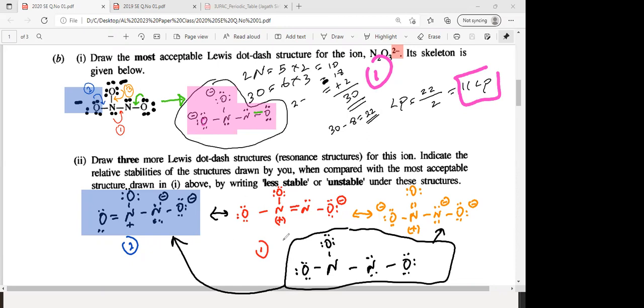Or else you can distribute one lone pair on one nitrogen, the other lone pair on the other nitrogen. Like that's what I did in part one.